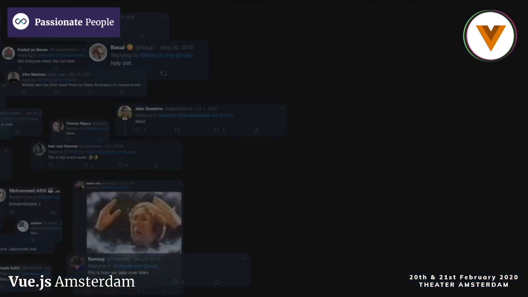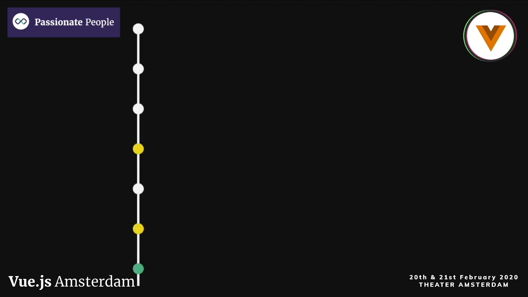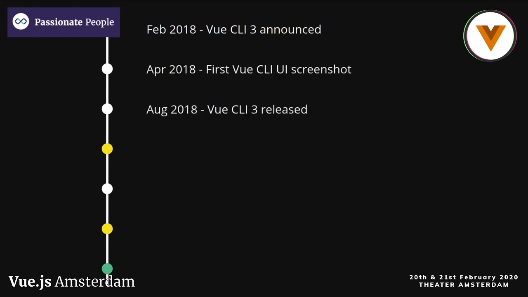And then a lot of things happened. So let's take a look. The project initially began in my mind 2 years ago. Then I shared the first screenshot, and people were like, oh my God, that's nice, and that's weird. Then we finally released Vue CLI 3 after more than 6 months of work. And then something happened.